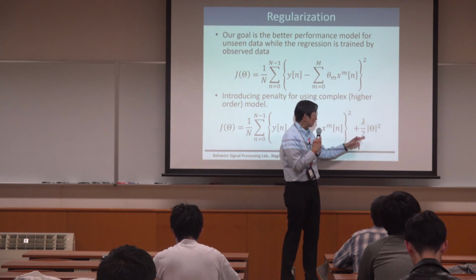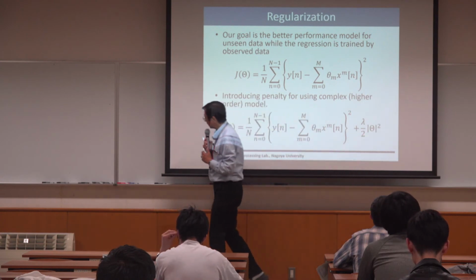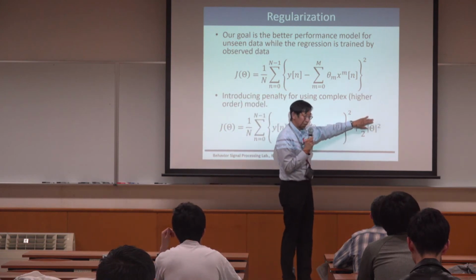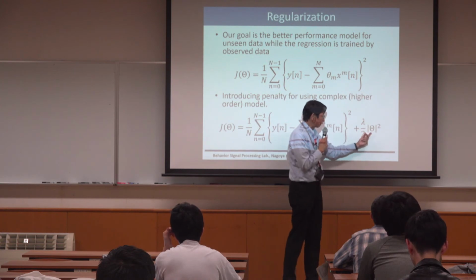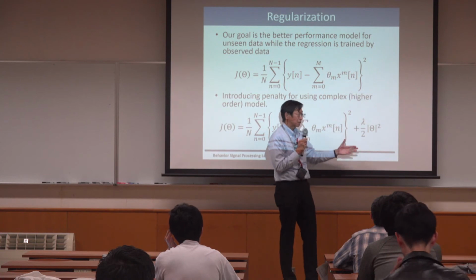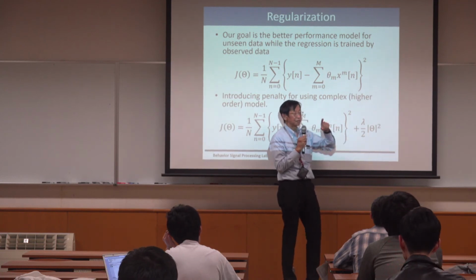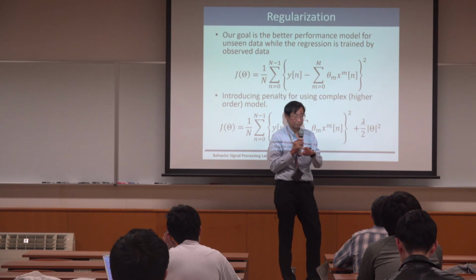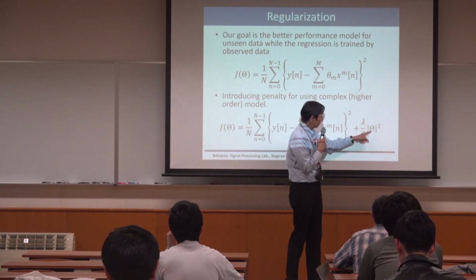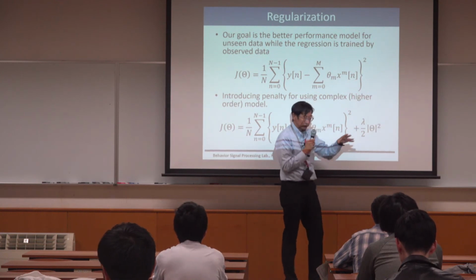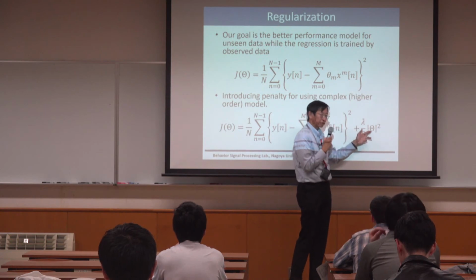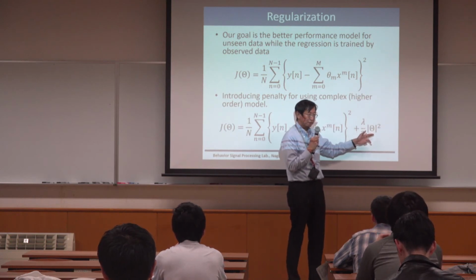For instance, suppose that, okay, let's discuss the 9th order polynomial case, and therefore we have 10 thetas. And if the value of the ninth theta, theta 9, is 0.0001, and the other thetas are also very small, but only theta 0 or theta 1 has a big value.